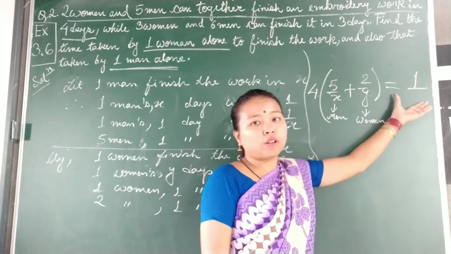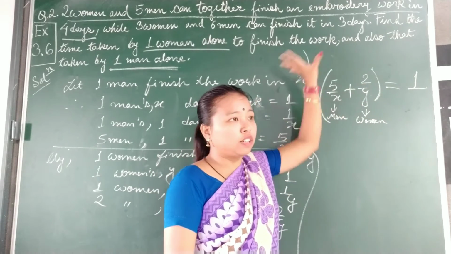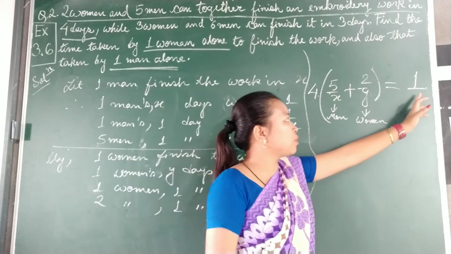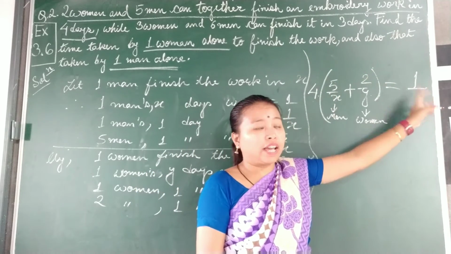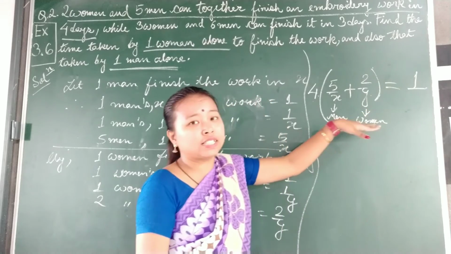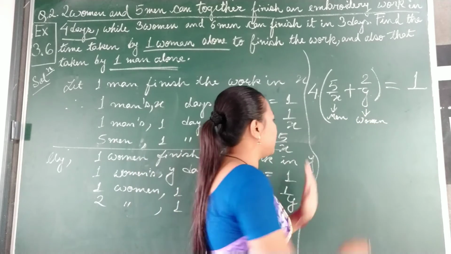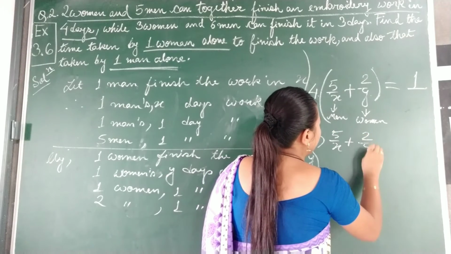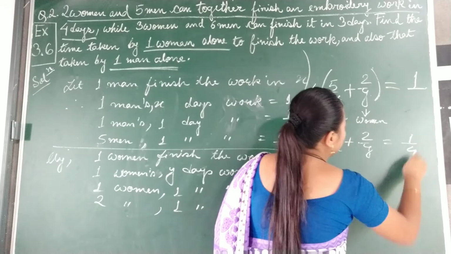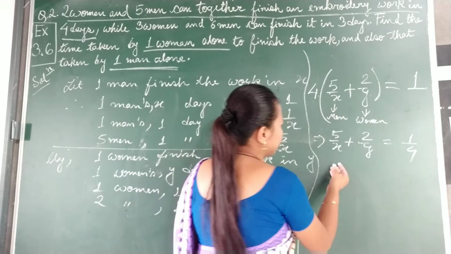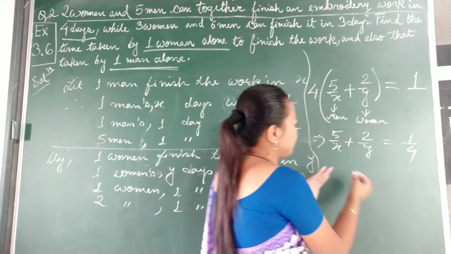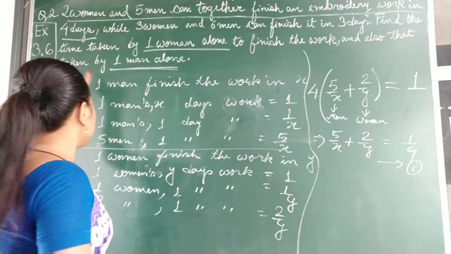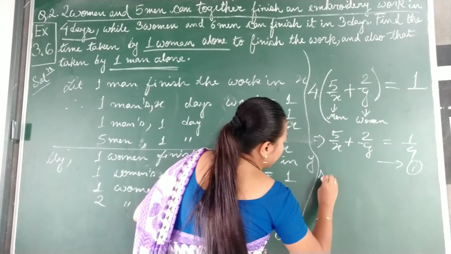That means on the left hand side we have calculated the whole work, and on the right hand side also we have calculated the whole work, 1. I guess you understood how the balancing is done. So that way you can write here 5 by X plus 2 by Y equal to 1 by 4. Here the first linear equation is made. Similarly, for the second, I can write directly now.